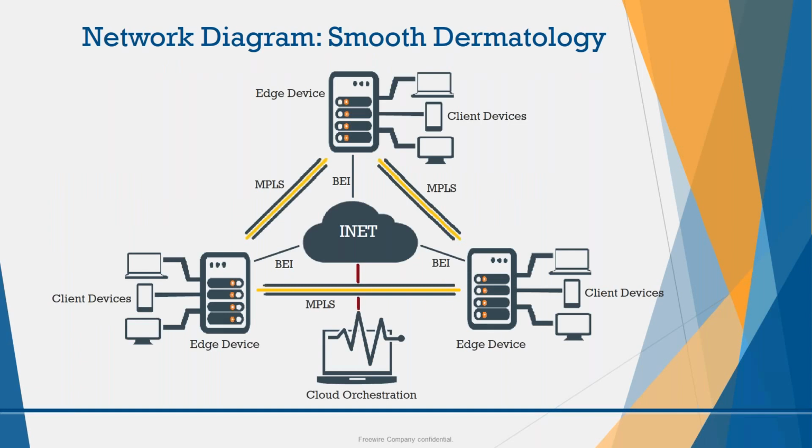So with smooth dermatology, we had the interesting issue of needing to keep MPLS and keep their advanced security, but adding bandwidth while allowing that security to be maintained at the same time. So what we've done here is we've added our edge device at each clinic, kept our MPLS, but added a best effort or a dedicated internet connection to the edge device.